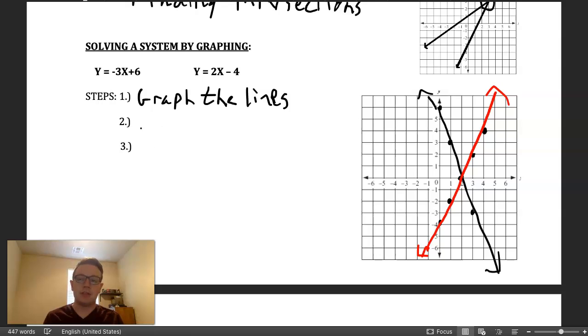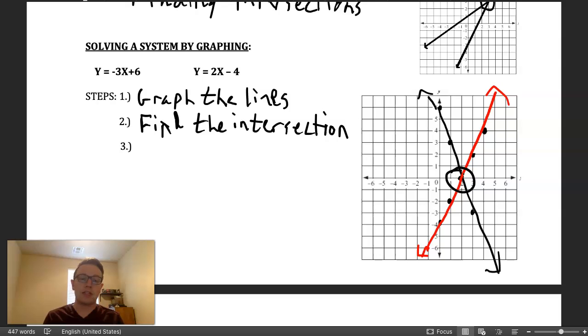Step 2 is going to be find the intersection. To find the intersection, all we have to do is look for the place where these two lines intersect.